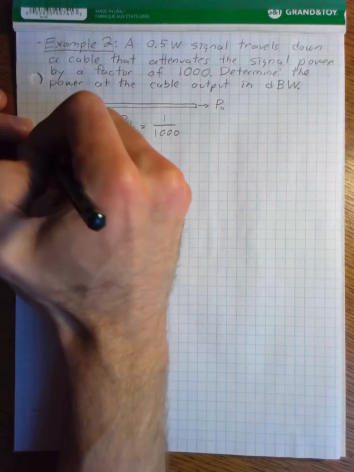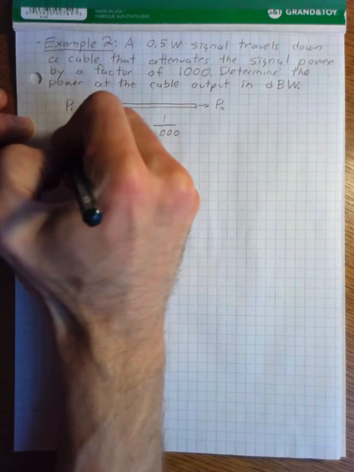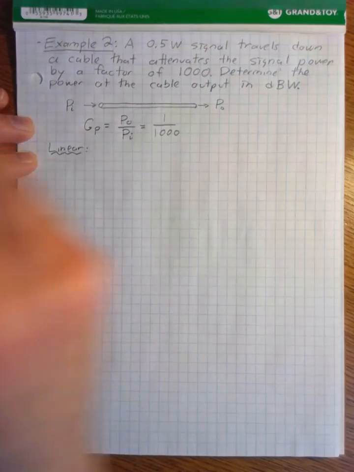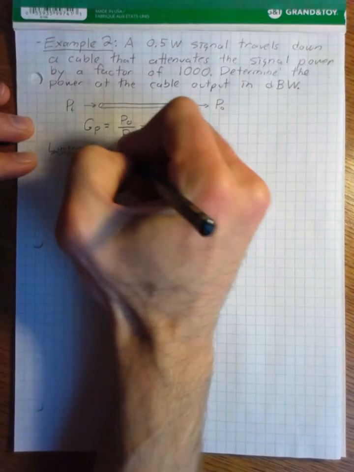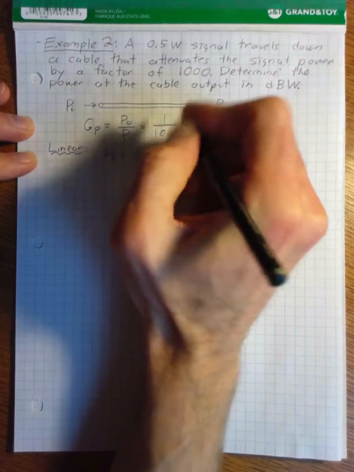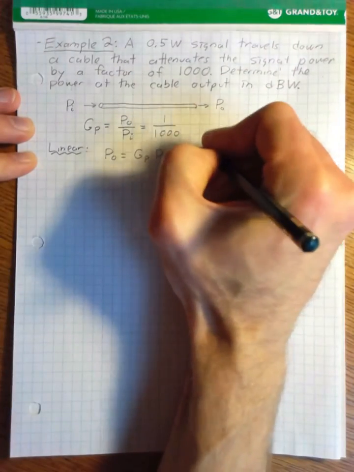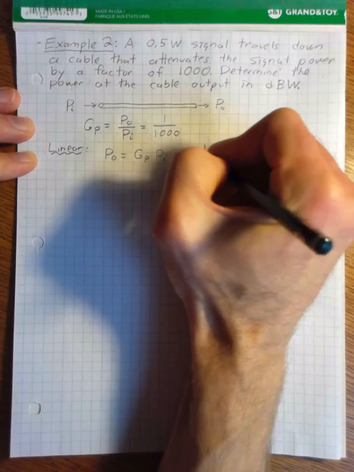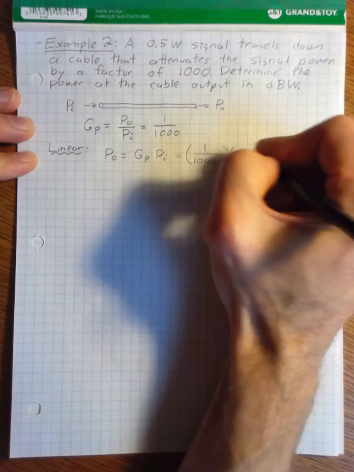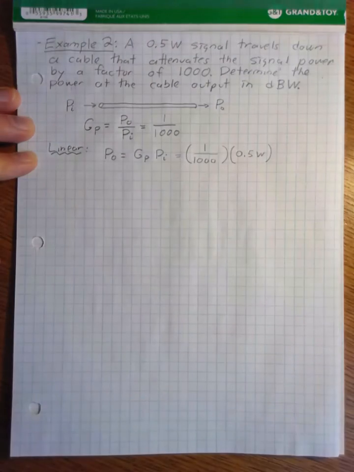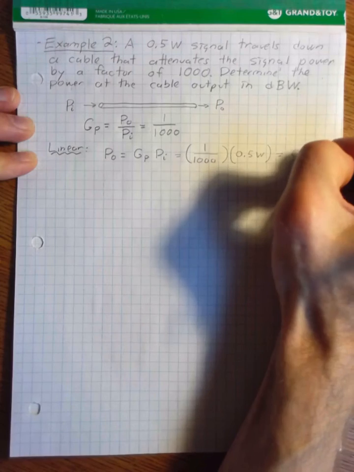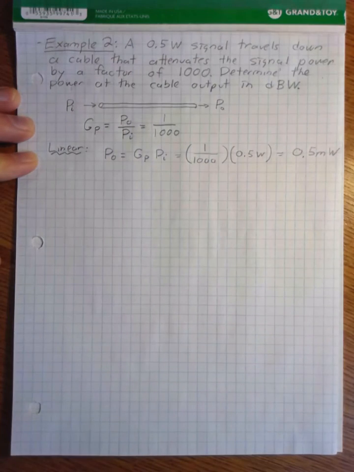So if we go through our linear calculation, our output power is equal to our power gain times our input power. In this case, we've got 1 over 1,000 multiplied by half a watt, and we end up getting half a milliwatt at our output.